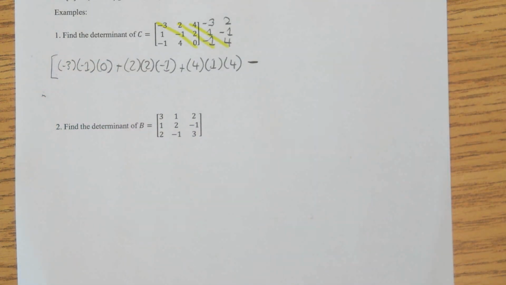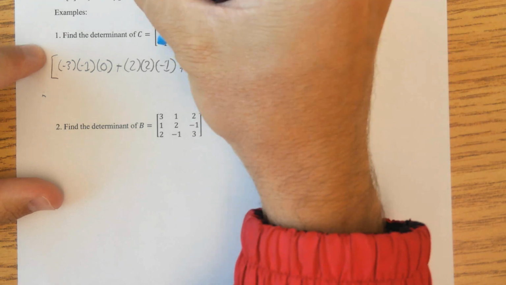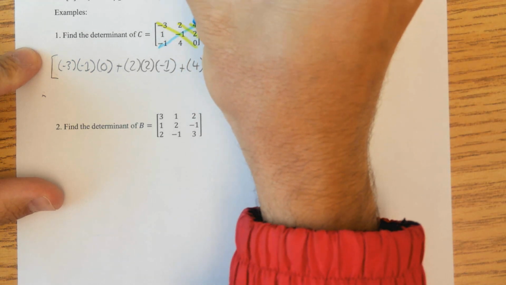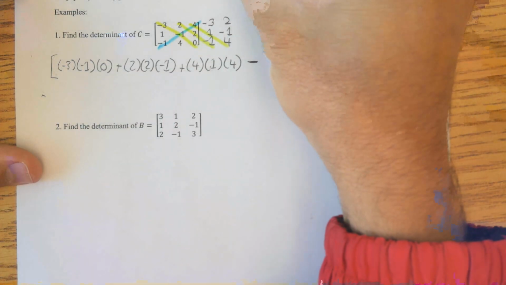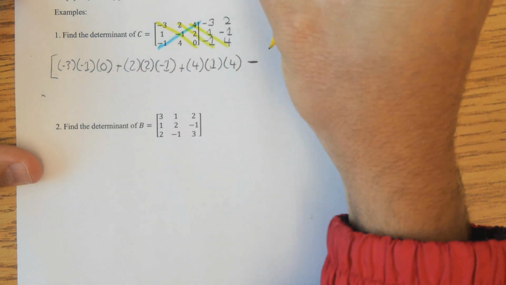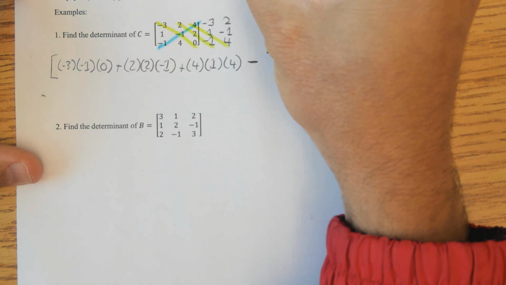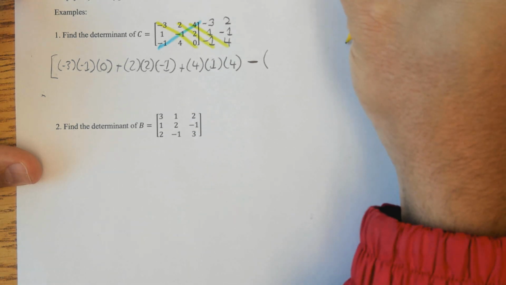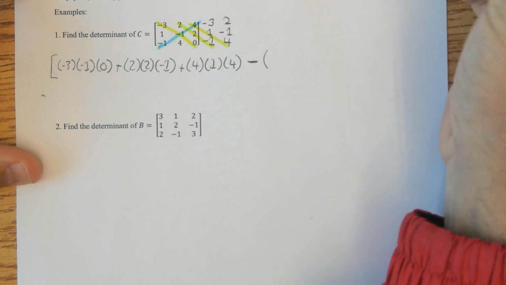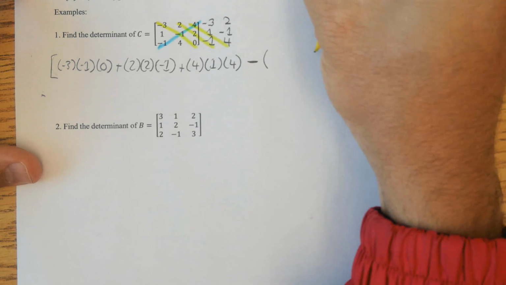Now when I change directions here, I'm going different colors. So now I'm going bottom left. So we're starting at this -1 down here. And there we go. So we've got that -1. I'll put a big parentheses around this because it's going to remind us that we have to distribute that negative sign through to the whole thing.